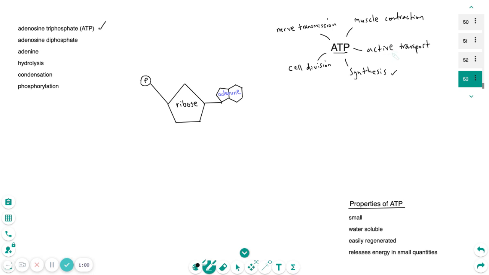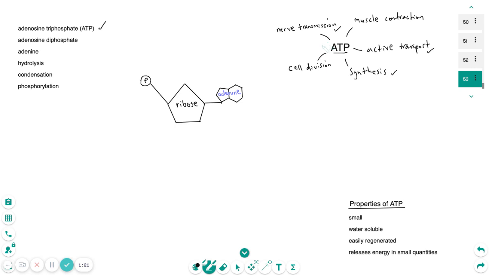Not all things are passive, like diffusion. Active transport, if you want to move things against their concentration gradient, will require ATP as well. And nerve transmission, a huge amount of ATP is needed, having to pump sodium and potassium ions against their concentration gradients.